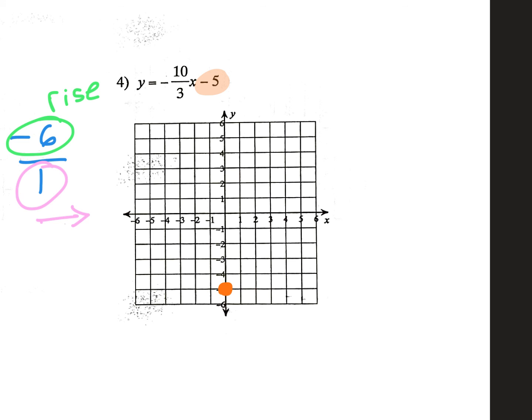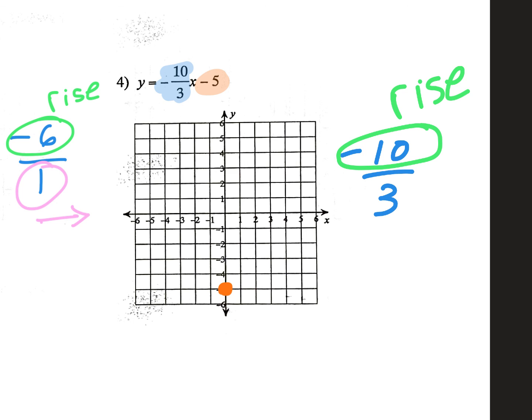So we're going to start here, and then the slope is going to be that number right there in front of the x. So remember, it's always rise over run. Now, because that's a -10, that makes you think you should go what direction?